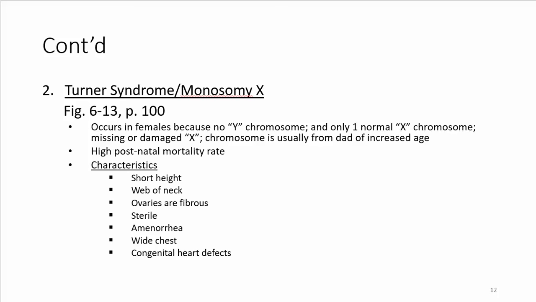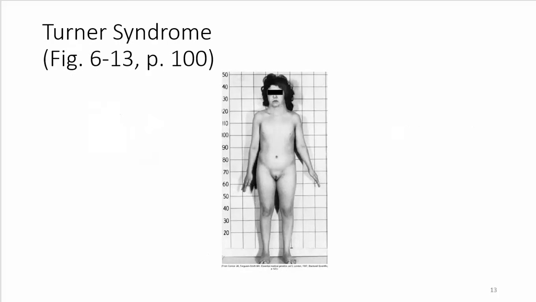These people have high mortality rates postnatally. They tend to be short. They have fibrous ovaries. They're sterile. They have amenorrhea, congenital heart defects, a lot of different characteristics. But they are female.